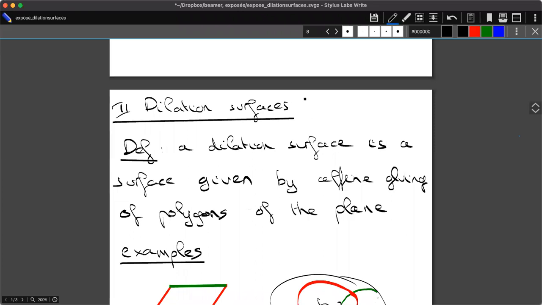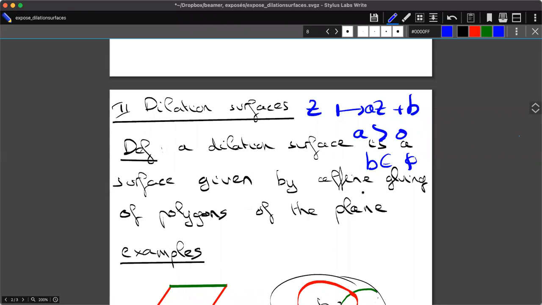But there is an alternative definition that I decided to present here. You can just think of a polygon, maybe several polygons in the plane, that you've glued together using only affine maps of the plane. An affine map, let me recall, is a map of this kind, with A strictly positive and B any complex number.